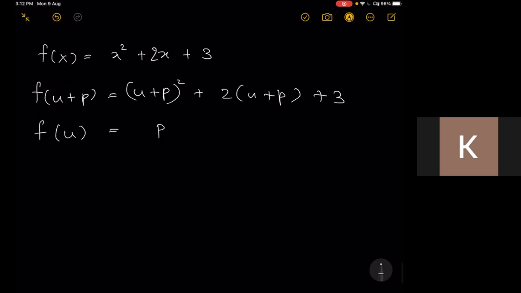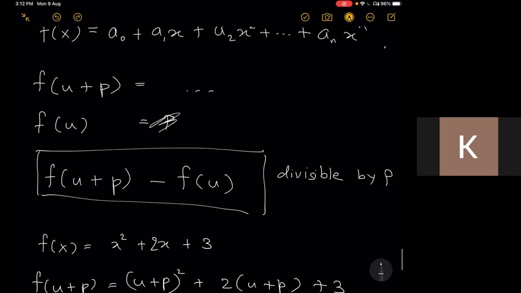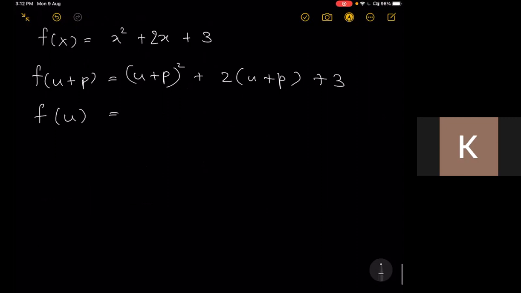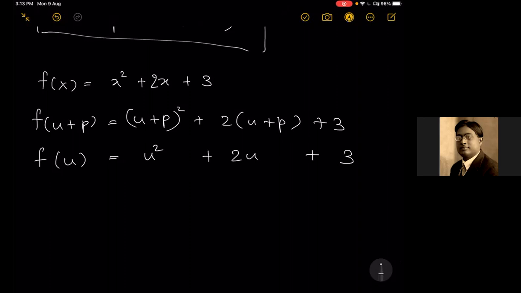Now, wait, not p, don't write it p, write the whole expansion. That p is the same as f(u), that p only I have taken.